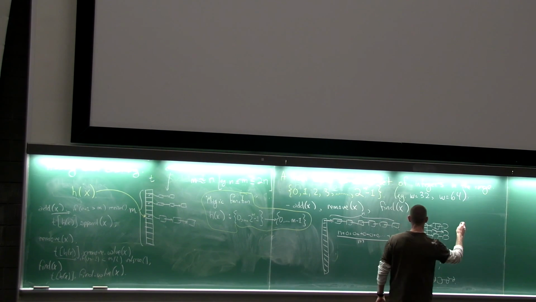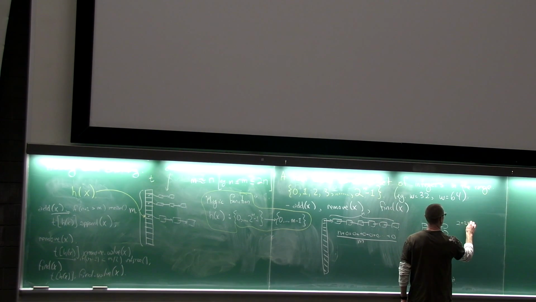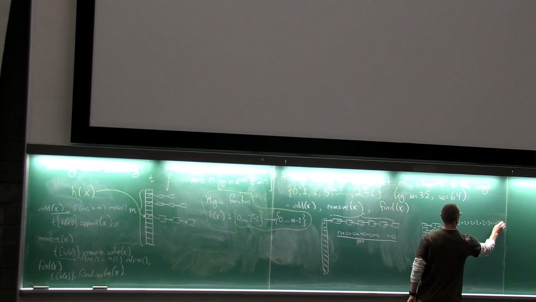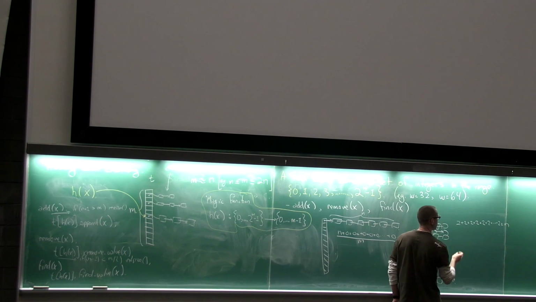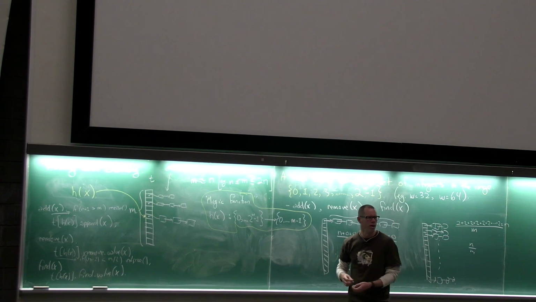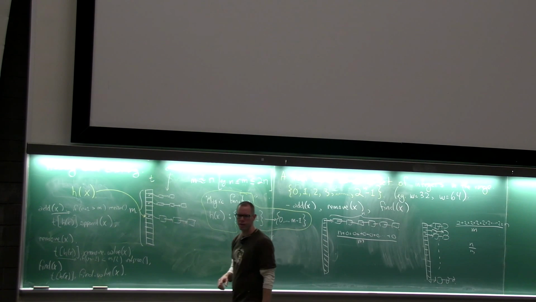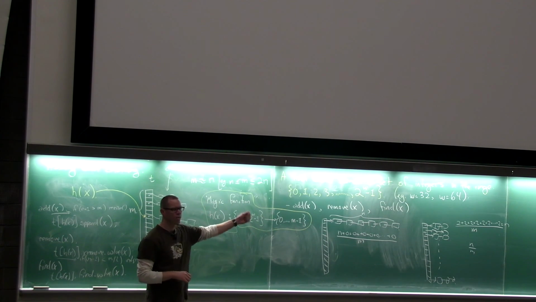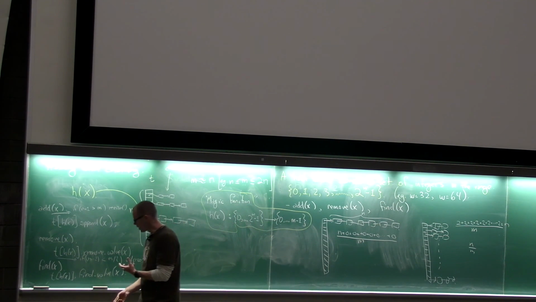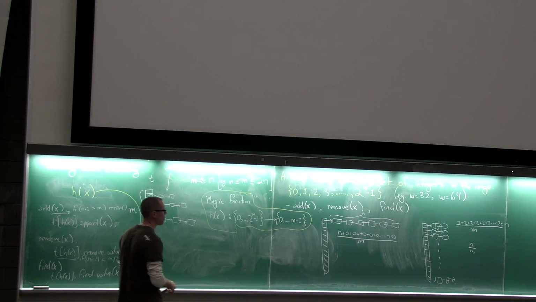Say it's 2 elements per list, then it's 2 plus 2 plus 2 plus 2, which is the number of elements stored in the table, divided by m, which is still n over m. So the average number of elements in a list doesn't tell us anything. We can know that without even knowing what's in it. But we need some kind of better property.